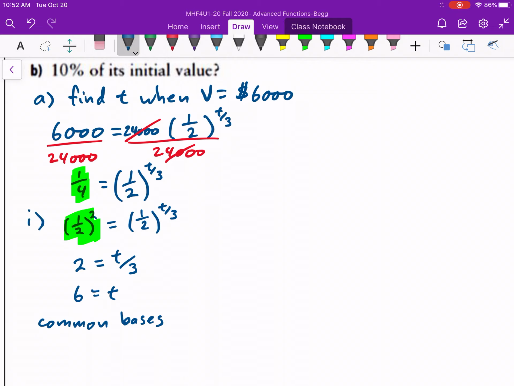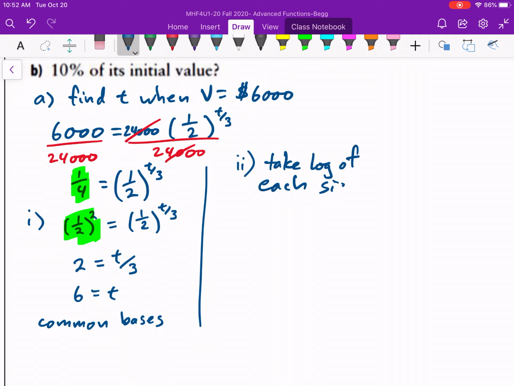In option 2, we could take the log of each side, and by the log of each side, I mean at this stage here.